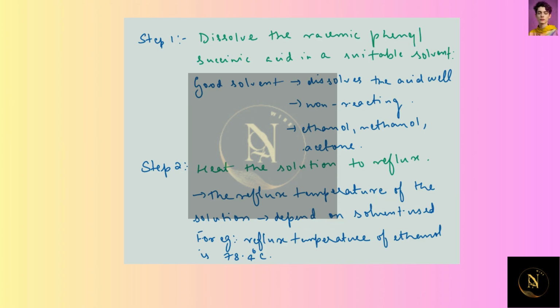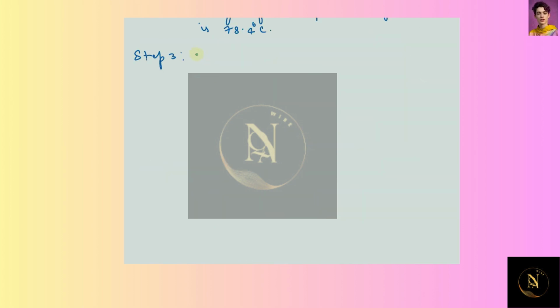Next is step 3, monitor the progress of the racemization using polarimetry.